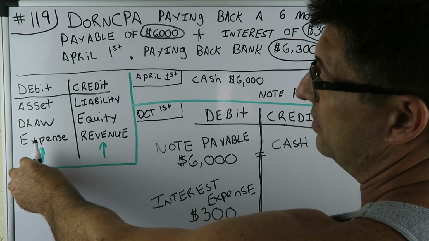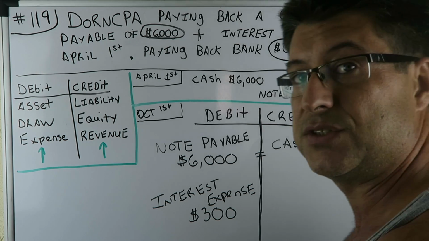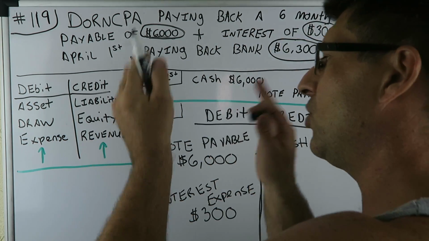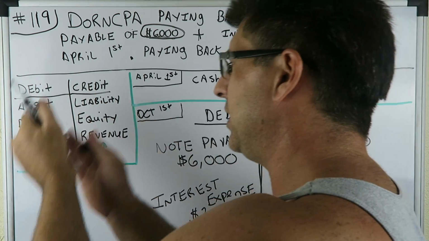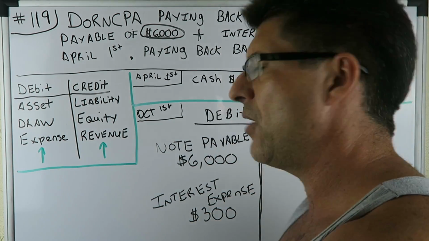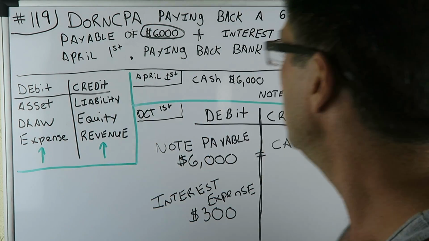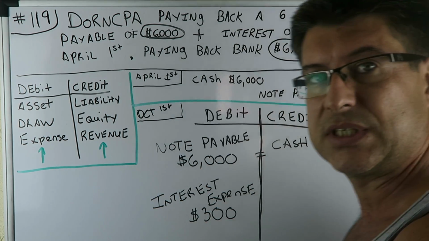So if the expense account is increasing, we're going to debit it, and that works out for us too. You're not really going to have many expense accounts being credited or many revenue accounts being debited, because that would be just like a reversal. It doesn't happen very much, but that's besides the point. So this is paying back a note payable with interest expense.